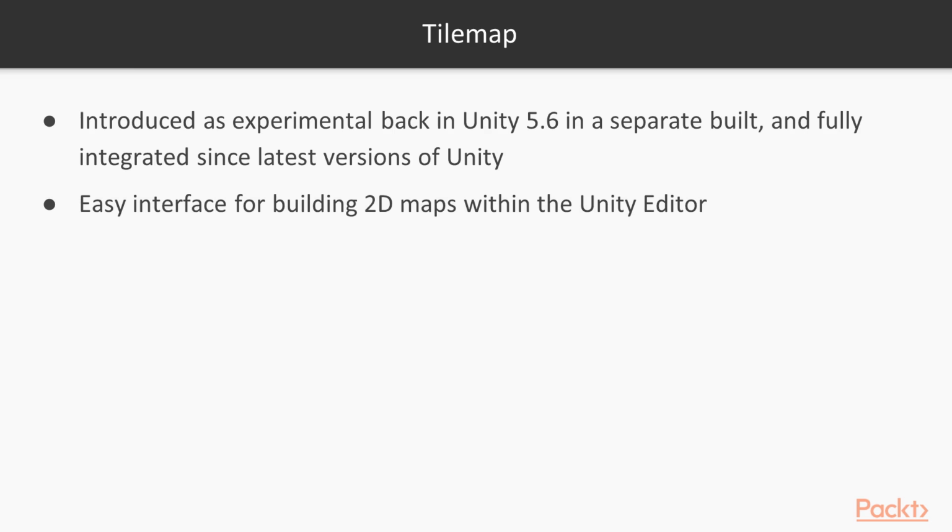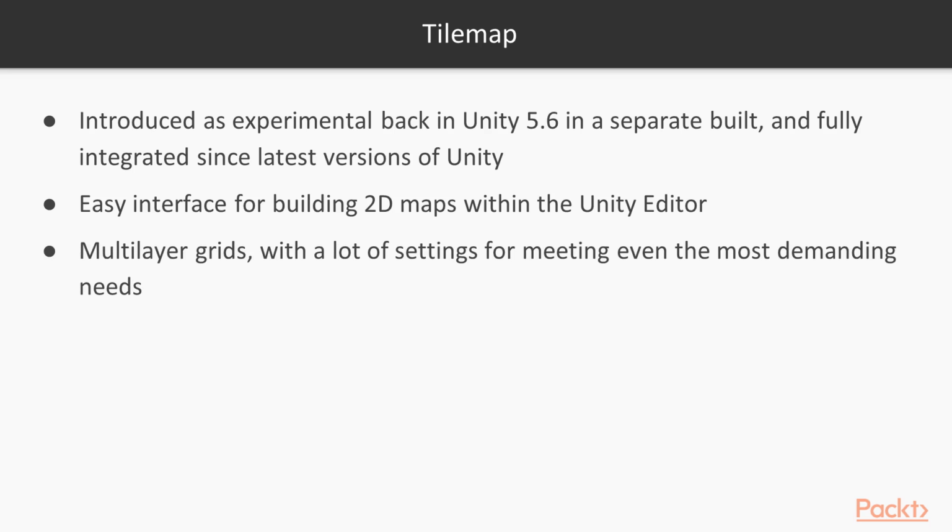Before that, you usually used third-party software, but Tilemap now allows you to create a whole 2D world just within Unity. It allows multi-layer grids. There are so many settings that you can basically meet any demanding needs. It even supports hexagonal grids.